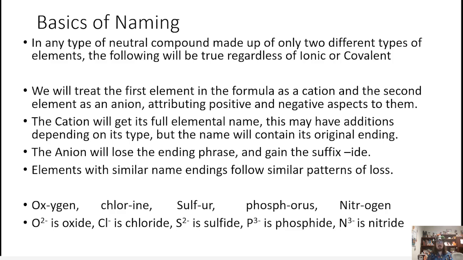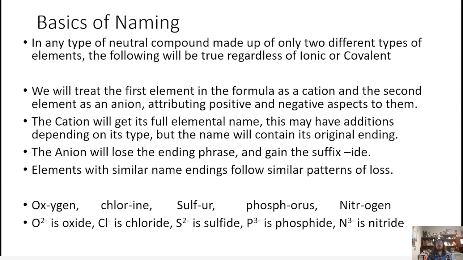So oxygen becomes oxide. Chlorine, fluorine, bromine, iodine become chloride, fluoride, bromide, iodide. Sulfur becomes sulfide. Phosphorus becomes phosphide instead of phosphoride. It's phosphide.